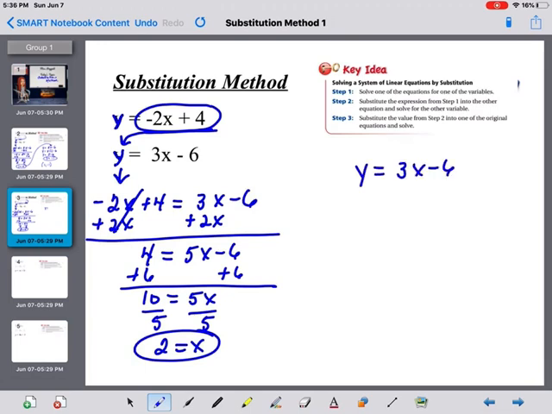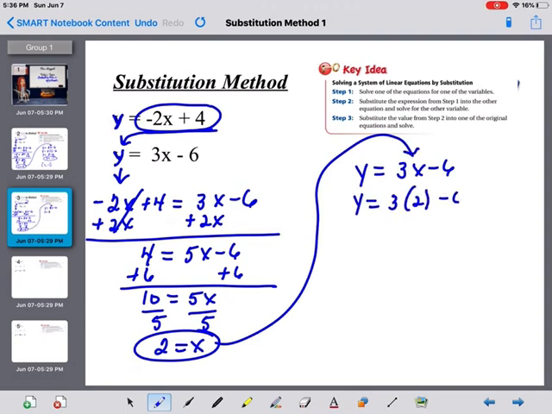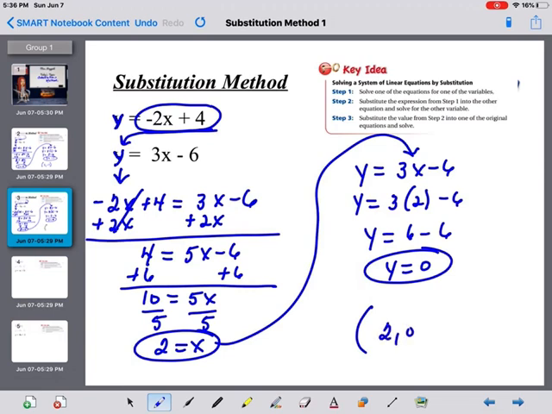I'm going to pick the bottom equation and substitute in the 2 that I just found for x. And I wind up with y is equal to 0. So my ordered pair, my solution, is going to be 2, 0. So that takes care of two problems. Like I said, these are all done exactly the same way.